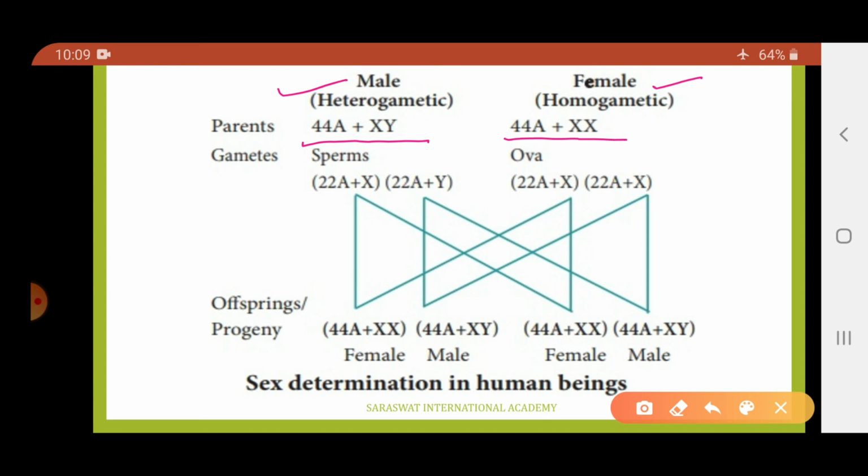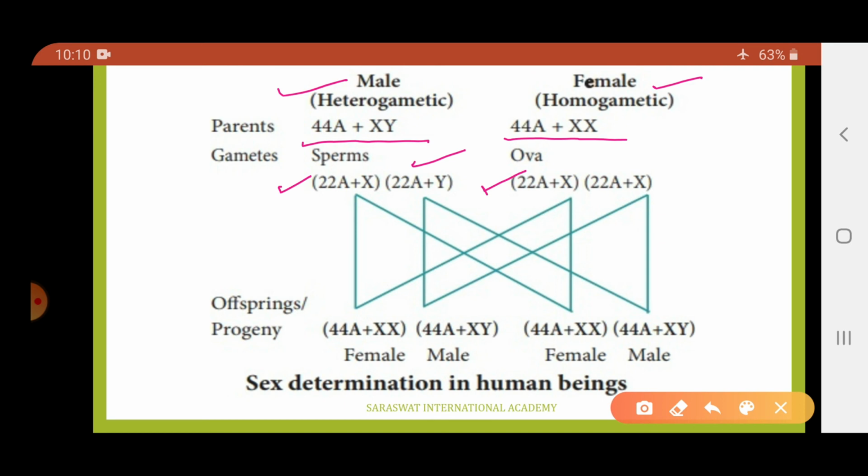Of the sperms produced by the males, 50% will have 22 autosomes plus X chromosome and 50% will have 22 autosomes plus Y chromosome, whereas all the ova or eggs produced by the female will have the composition of 22 autosomes plus X.